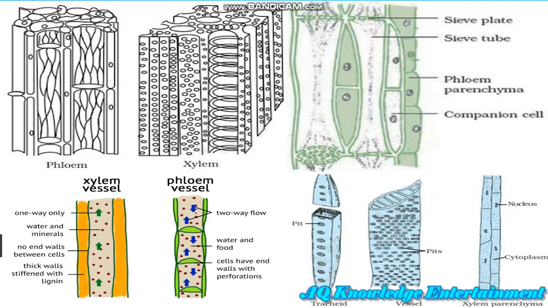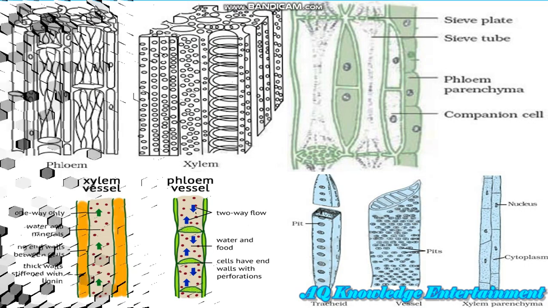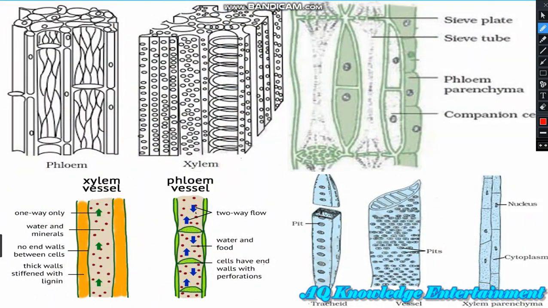So here we can see, oh my god, okay, let me just annotate here and show you all. So this is the xylem basically. So this is the xylem here. Right here, you can see the structure, it's really complicated, even I don't understand the structure.